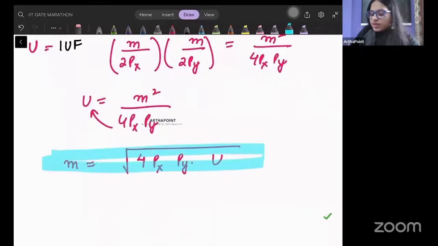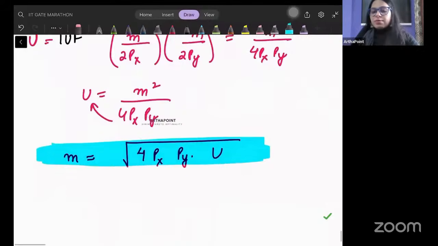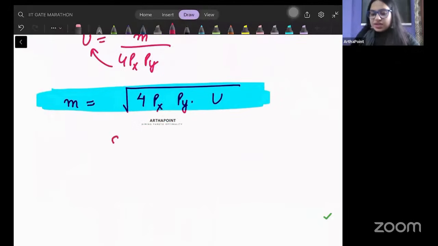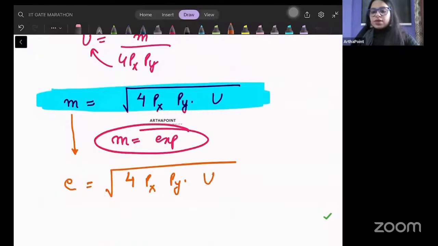I am just finding the value of income from this utility function. But we know that income and expenditure are the same thing. So instead of income, I can write expenditure. So my expenditure will be under root 4px py u. This is my expenditure function.